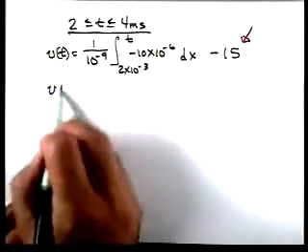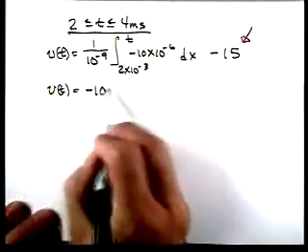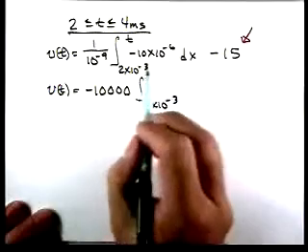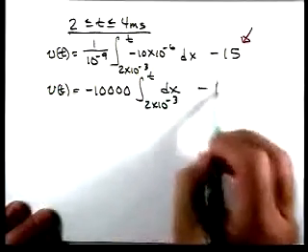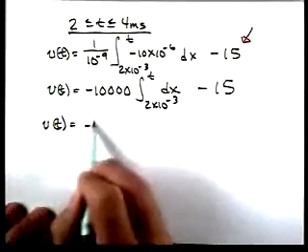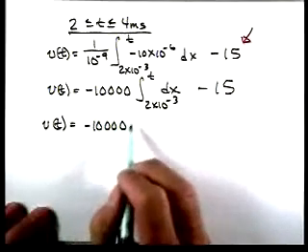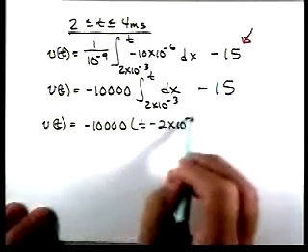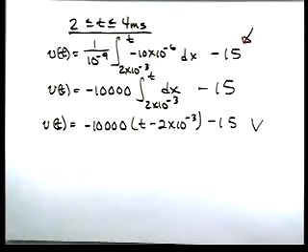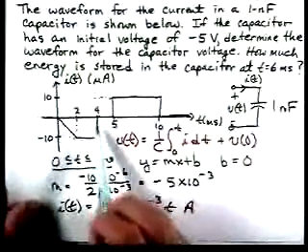So now we have minus 10,000. So if we integrate and plug in, here's our expression for the voltage. Now, at the end of this, at 4 milliseconds, the waveform changes, so we need to calculate the voltage at 4 milliseconds.